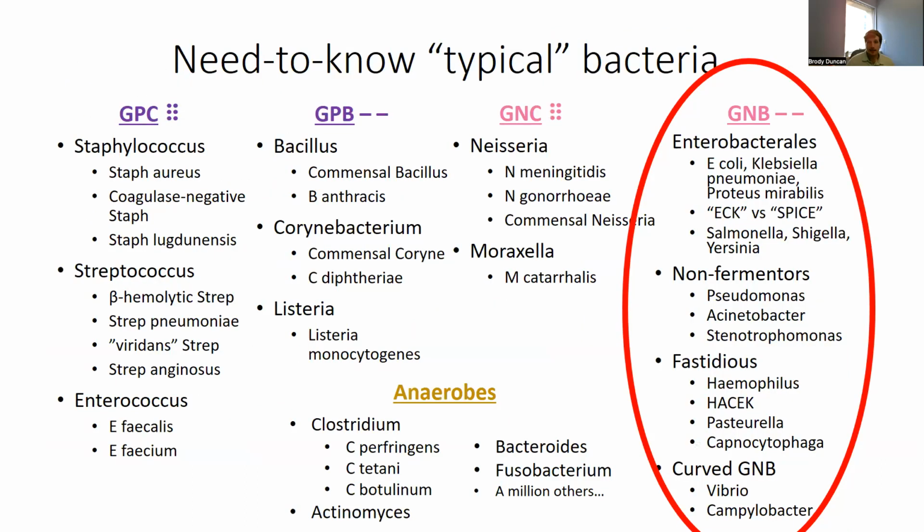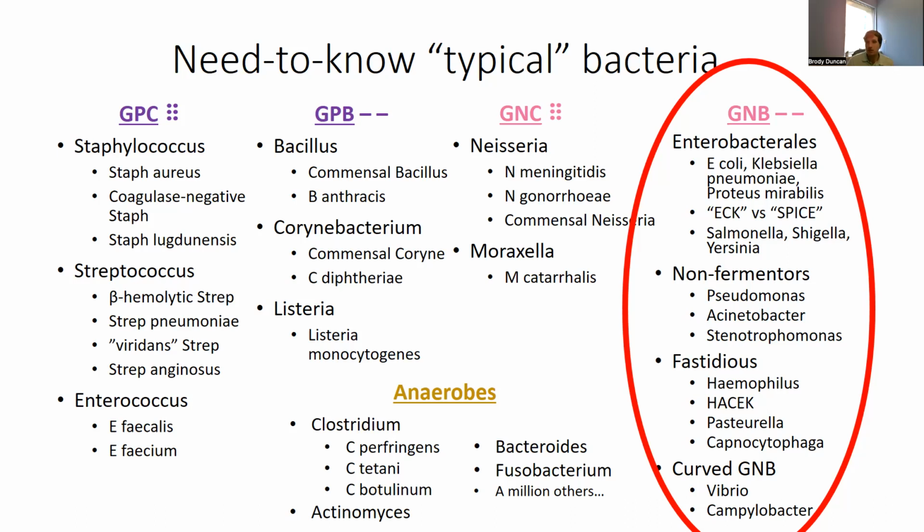So that's it. There's a lot more atypical gram-negatives, but that's all the typical gram-negative bacilli that I think you need to know at the medical student level. To summarize again, we just have 4 big groups to memorize, which is Enterobacterales, non-fermenters, fastidious organisms, and curved GNB.